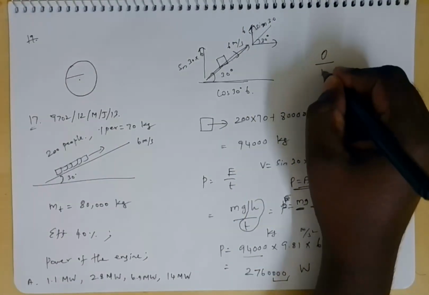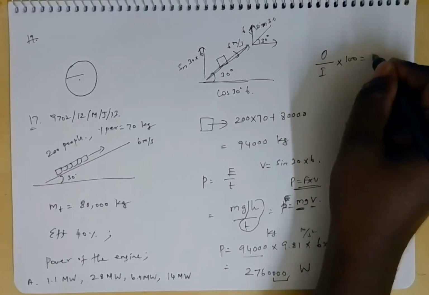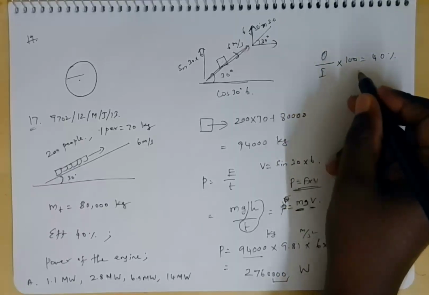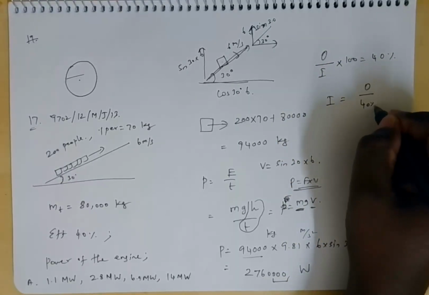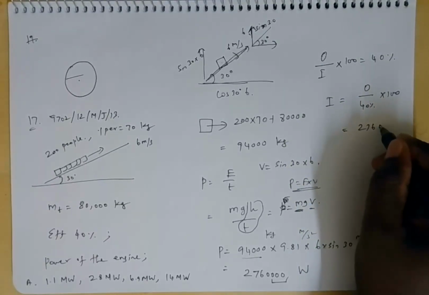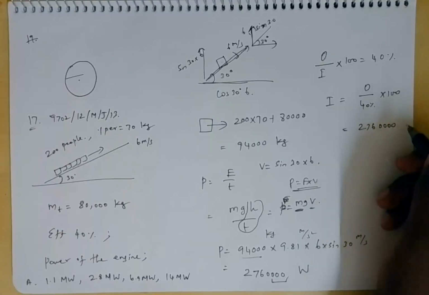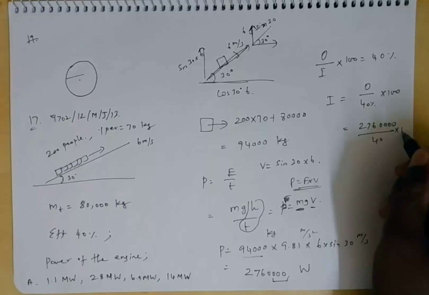Output by input into 100 is 40%. Now we want to find the input. So this is output by 40% into 100. So we have to do 2761234 divided by 40 into 100.